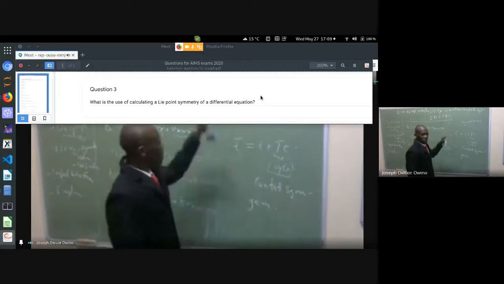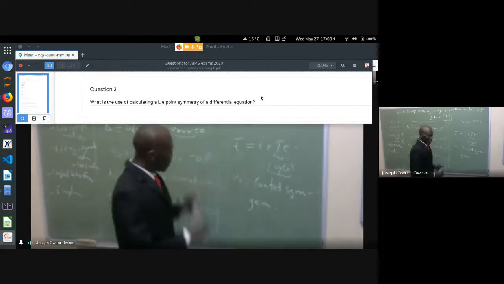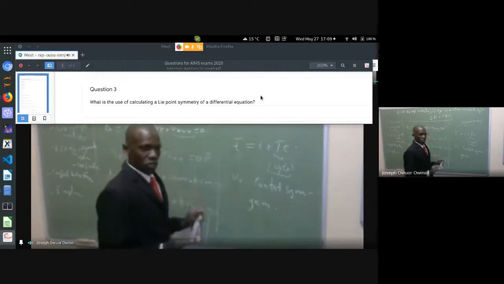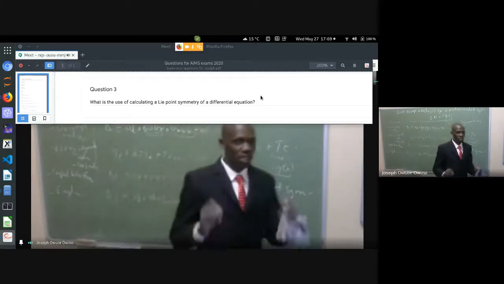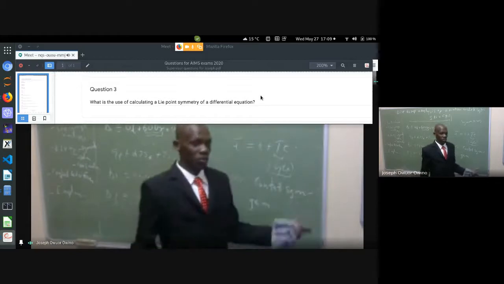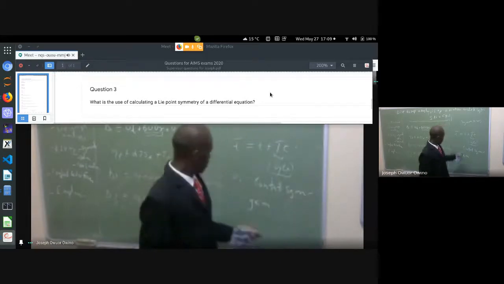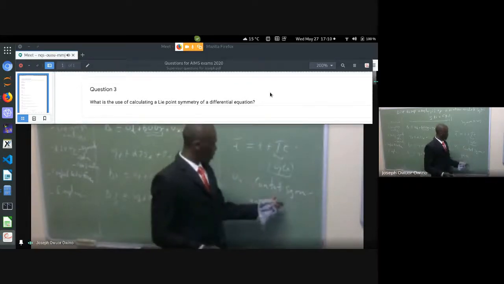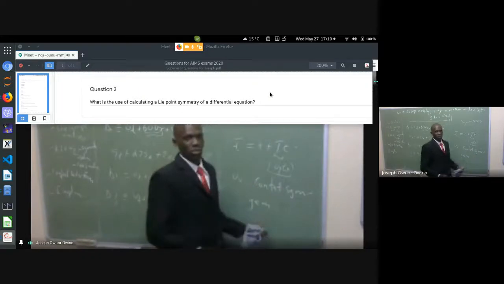But for the Lie point symmetries, the infinitesimals are strictly functions of the dependent and the independent variables. But there are other types of symmetries. So I'll give you two examples: contact symmetries and generalized symmetries. There are other examples of symmetries.